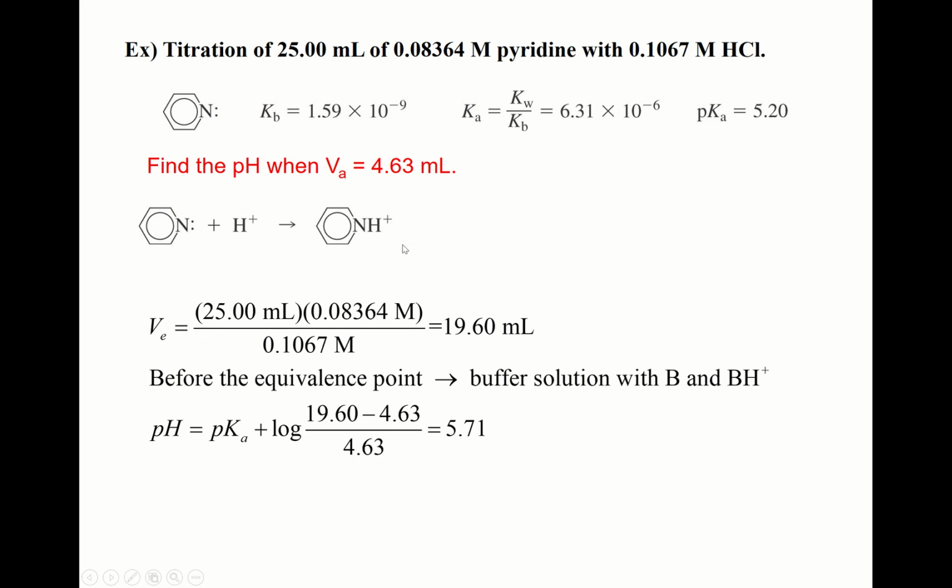But since only 4.63 milliliters is added, the rest is still this amount of B form, 19.60 minus this volume. And the pyridinium ion produced is proportional to the added volume of strong acid.